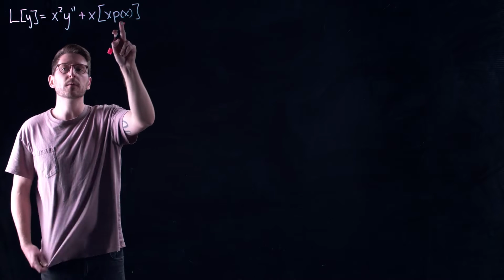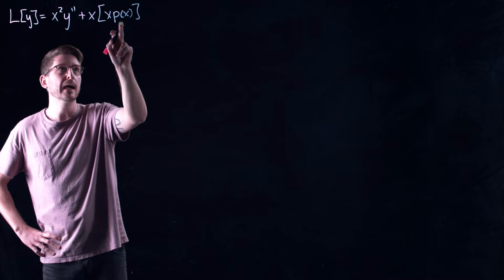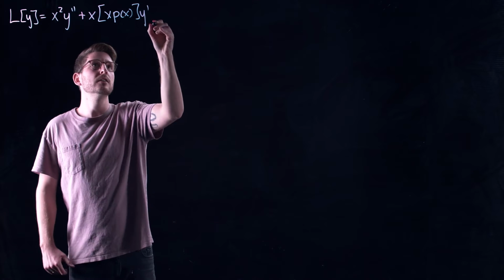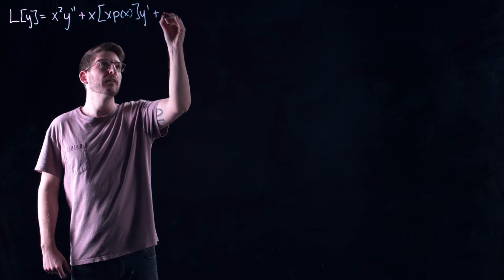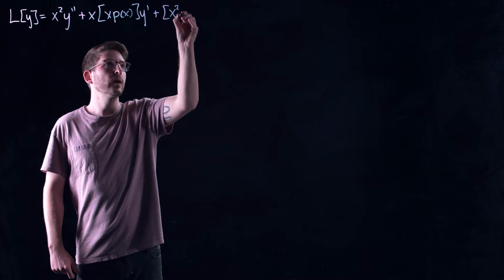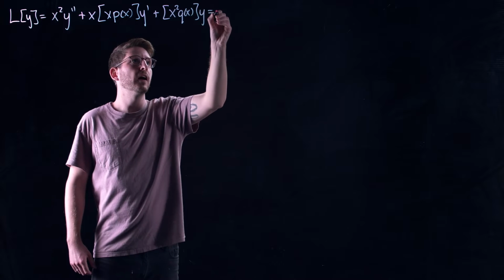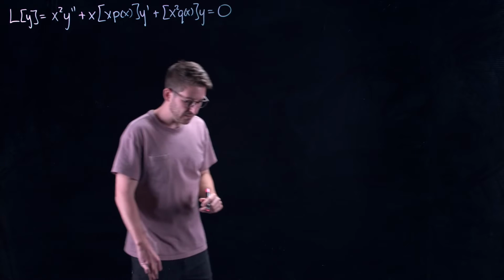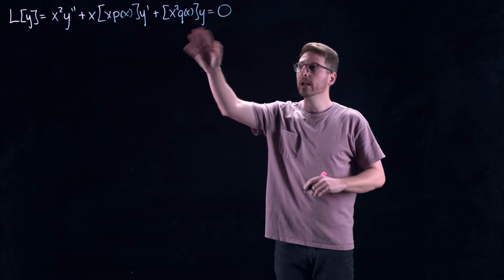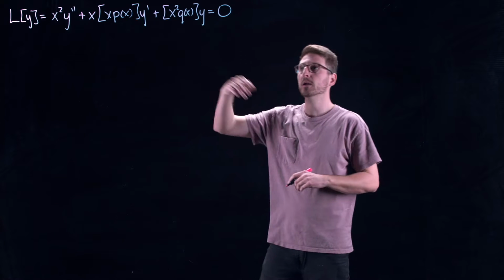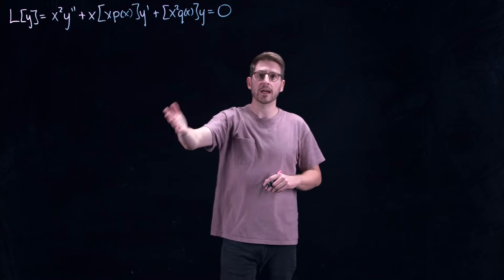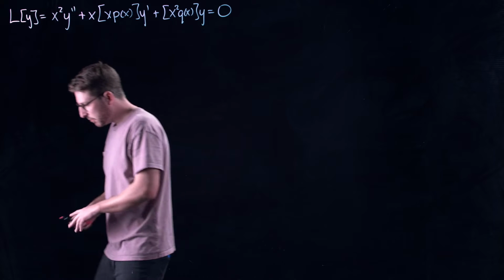Little p of x is typically your capital Q divided by capital P. And similarly, we have x squared little q of x, which is typically your capital R divided by capital P. Okay, so all I did is I went ahead and divided off the capital P term, and I multiplied through by the x squared.